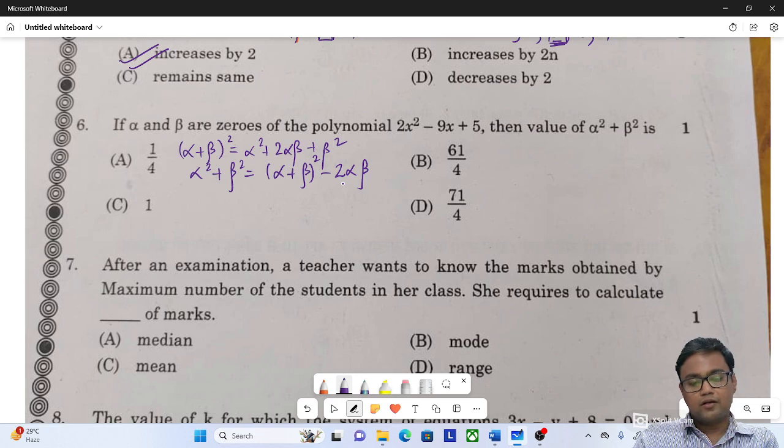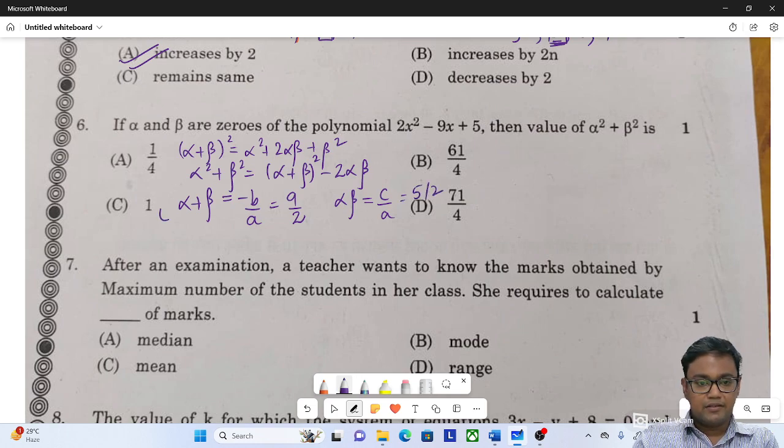So, what I should do over here is I just have to find the sum of the zeros, that is minus b upon a, which is 9 by 2, and the product of the zeros alpha beta, that is c upon a, that is 5 by 2.